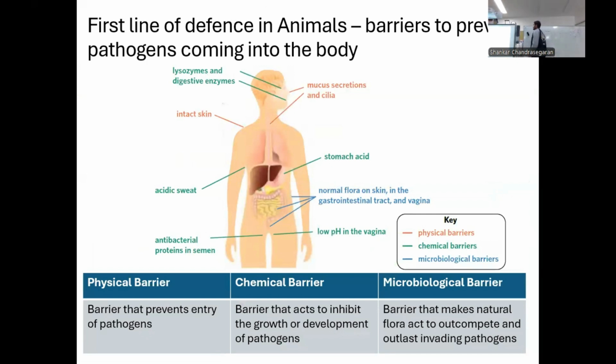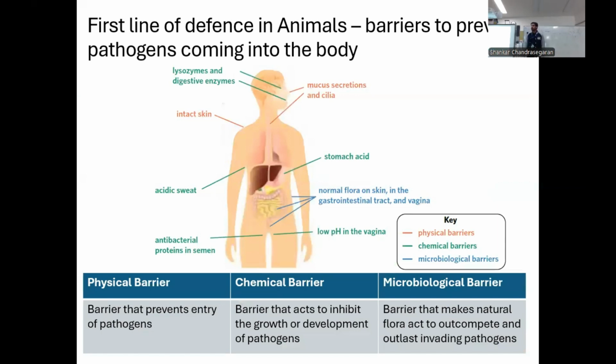This is the difference in the first line of defense between animals and plants. Animals have three specific barriers that are preventing pathogens from entering inside our body in sensitive places. There's a physical barrier, which is keeping the pathogen from actually entering into the body.